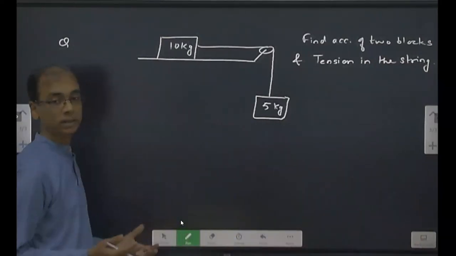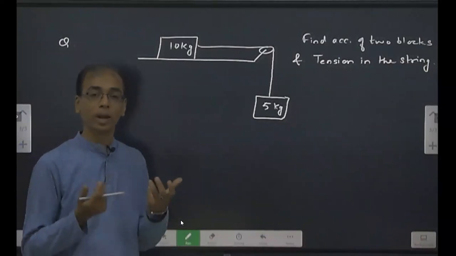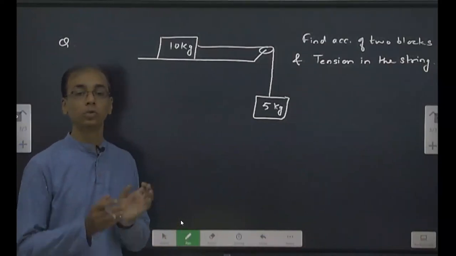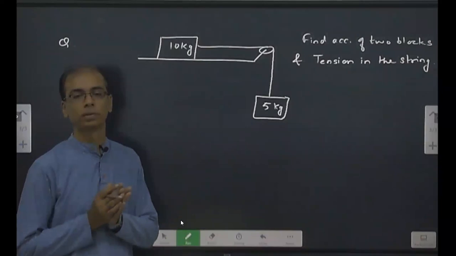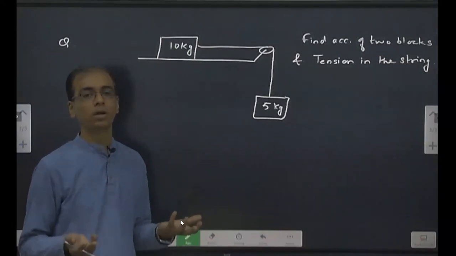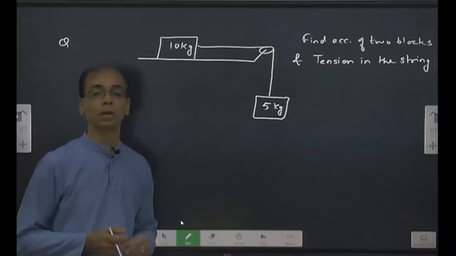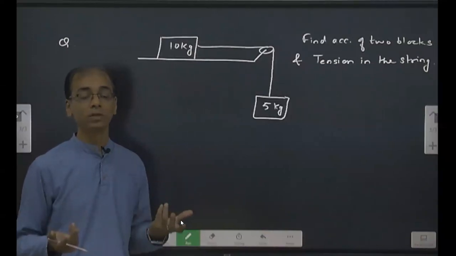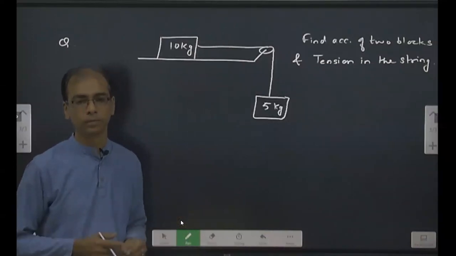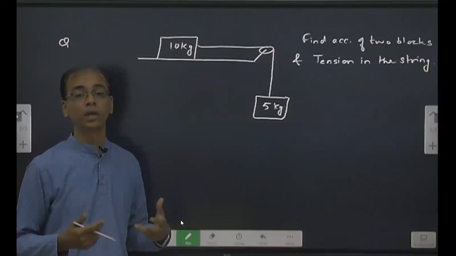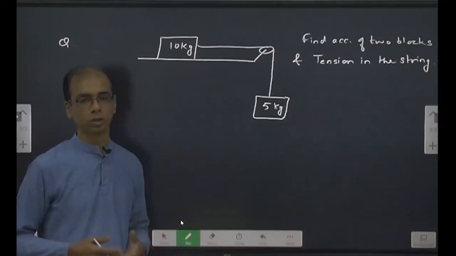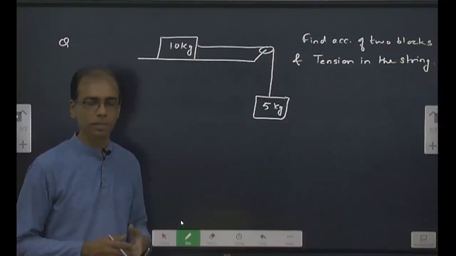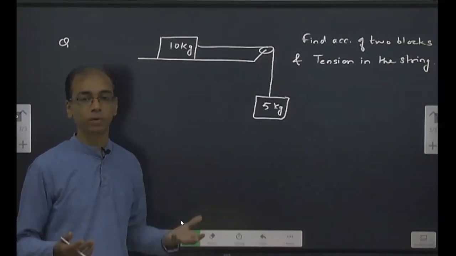Because in that system, both the blocks were hanging, so you took weight of both. But here both are not hanging. This is on the table, so its weight is not making the body move or oppose the motion. That's why that formula will not work here.